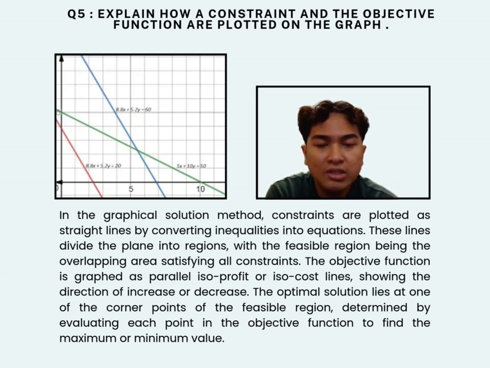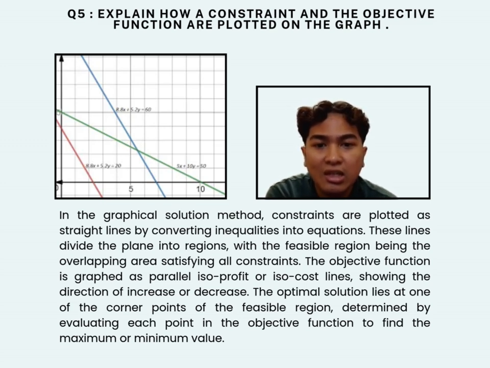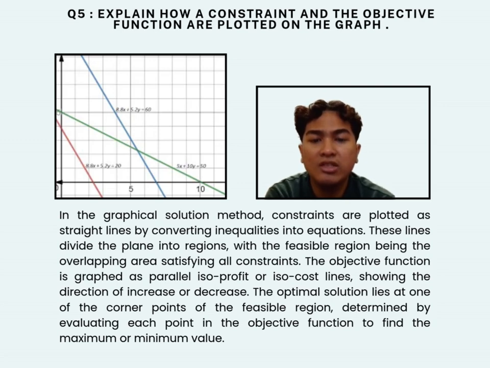The objective function is graphed by converting it into an equation and drawing lines representing different values of it, called isocost lines. These are parallel and indicate the direction of increase or decrease of the objective function.